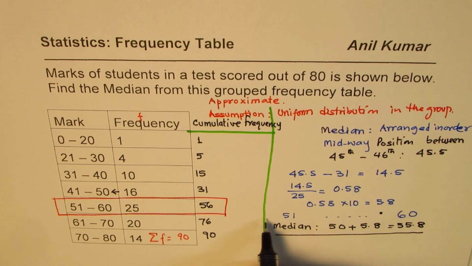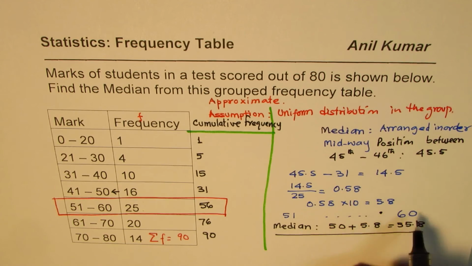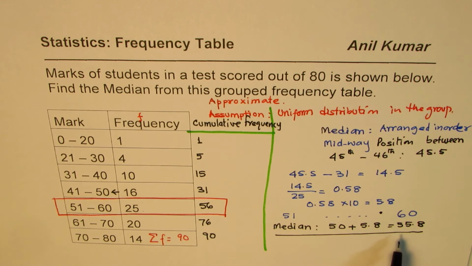Slightly to the right of the center value, and that is where it is. So from this calculation we can approximate the value of the median, which comes to 55.8.